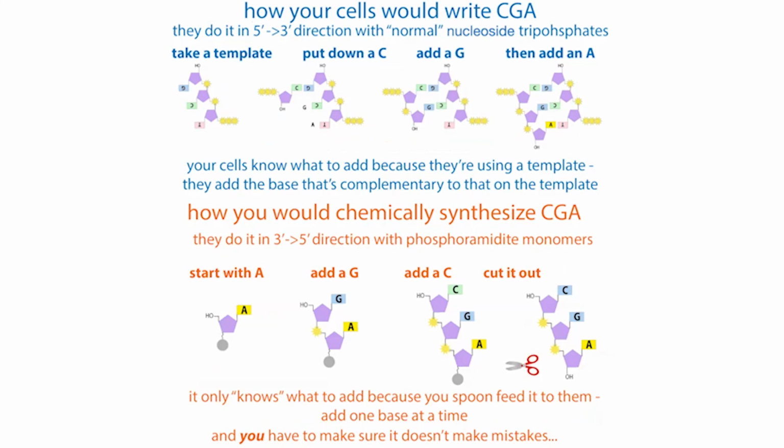So it's basically going to start with an A, then add a G, and then add a C. But these A, G, and C are all chemically modified, in ways that make it so that we can control what reacts where and when. So basically we can spoon feed them one letter at a time, one of these monomers at a time, but we have to do so very carefully so that they don't react in ways that we don't want.